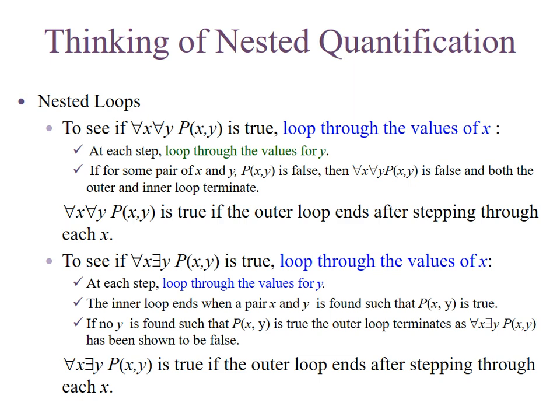If any one is true, for example, P of D1, D2 is true, then we find a particular element for some y such that P of this element, y is true. Then it passes. Then we can jump to the next element, D2, to see if we can find some particular element to make P of x, y true. And we loop until D100. If all elements pass the test, then for all x, for some y, P of x, y is true.